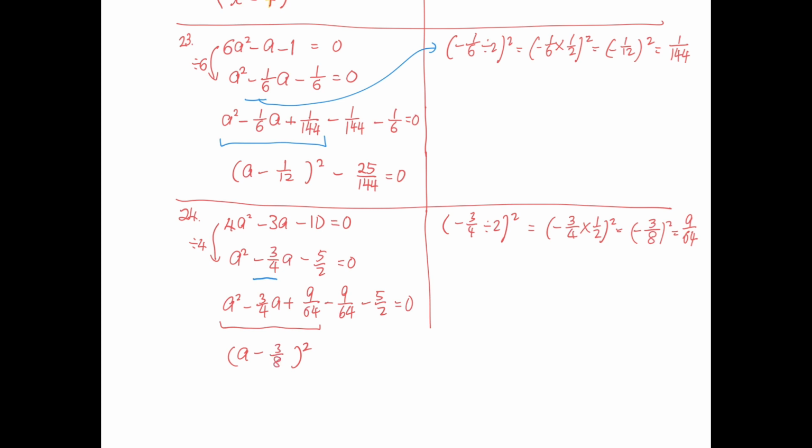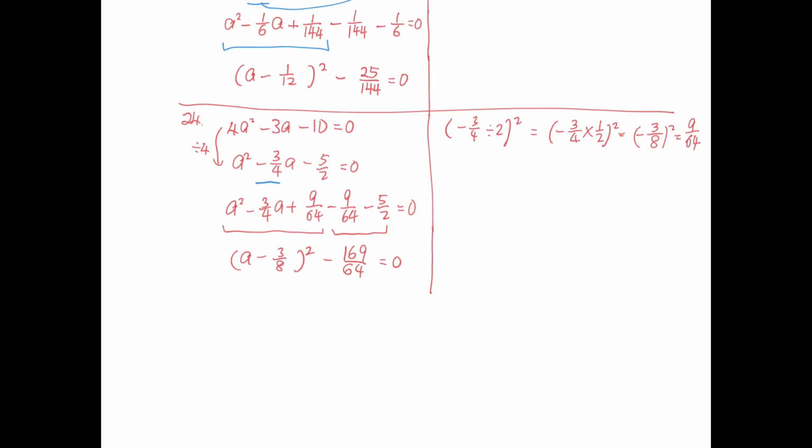So for the last two terms, we press calculator: minus 9 over 64 minus 5 over 2. So we get minus 169 over 64 equal to 0. So we have done completing the square for this question. And let's just move on. Question 25.